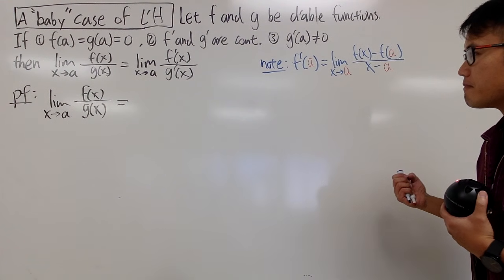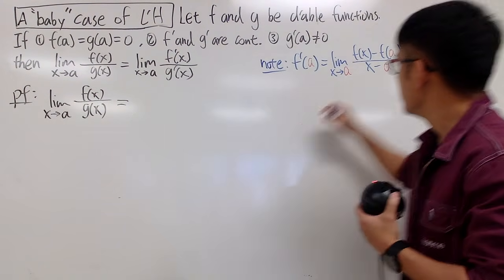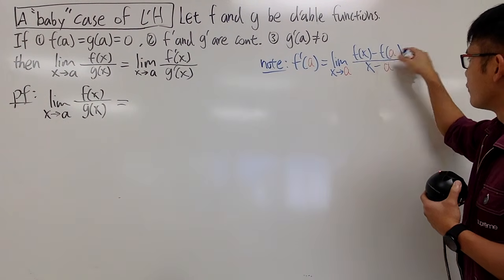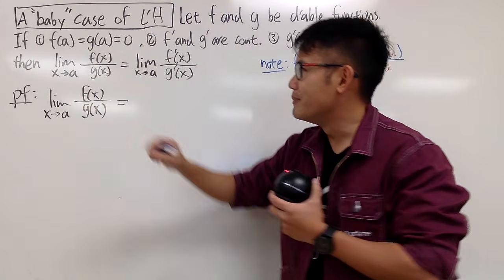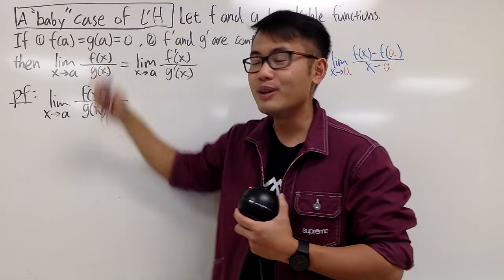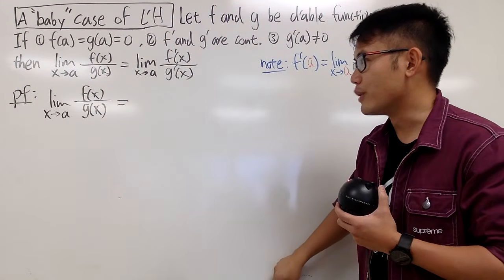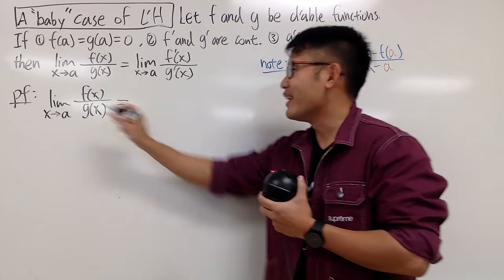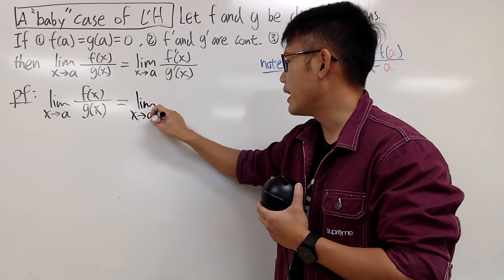So, what can we do though? Well, here we have f of x. This is minus f of a. Can we just do that? Yes, because f of a is just 0. So when you minus f of a, you are just minusing 0, so you are not doing anything pretty much. So this is equal to the limit as x approaching a.